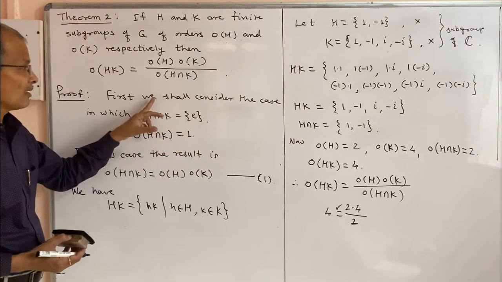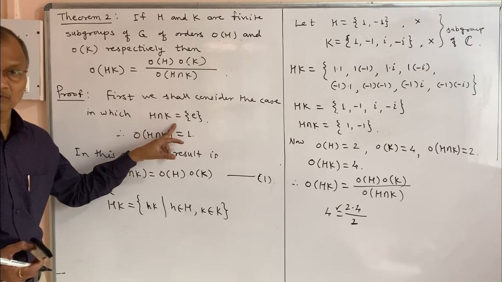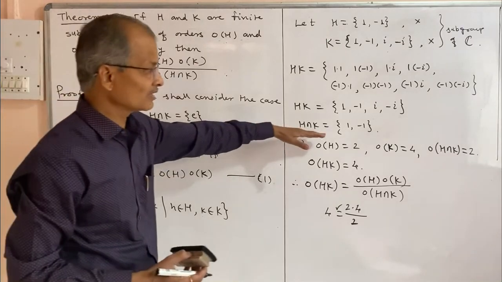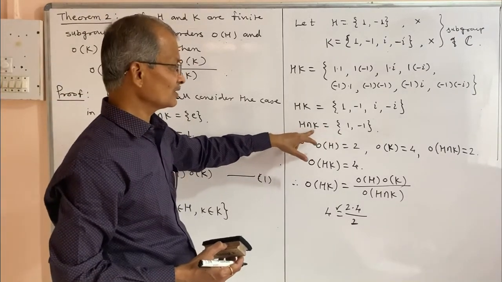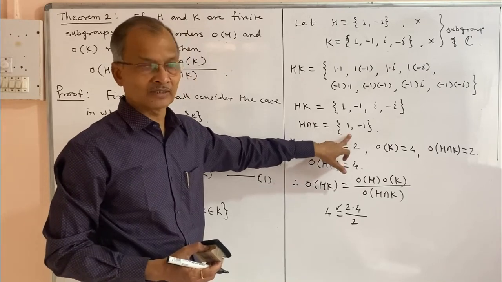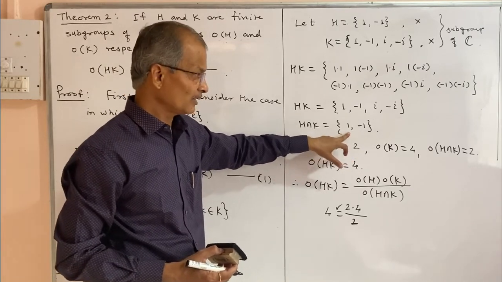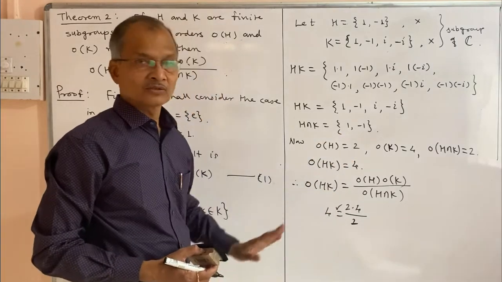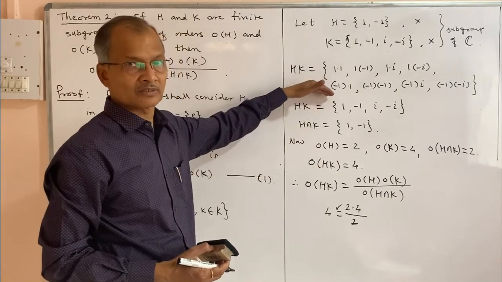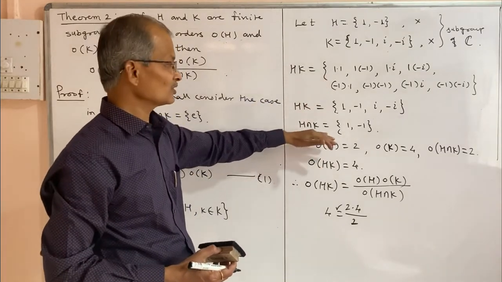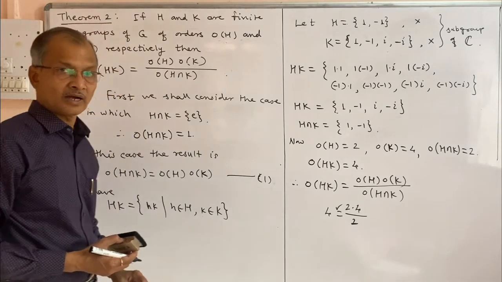That was the particular case, and here we have considered the general case. Here H intersection K is not only the identity, it contains two elements, and therefore we have to divide it by 2. So repetition occurs whenever the intersection contains more than the identity element.